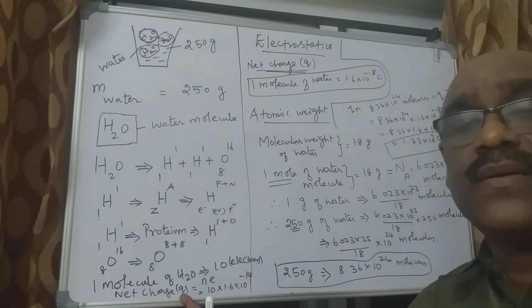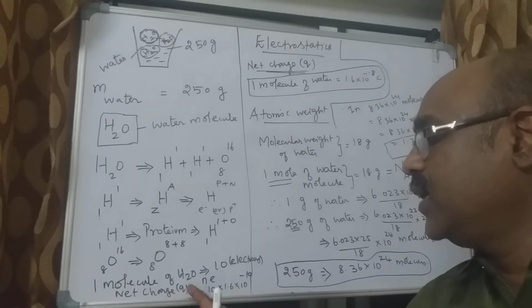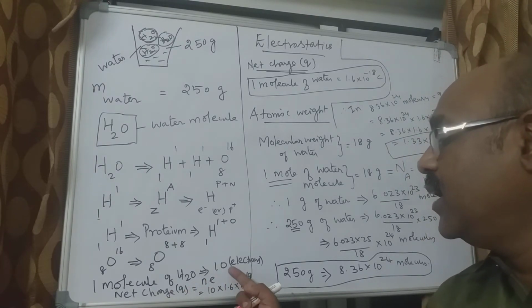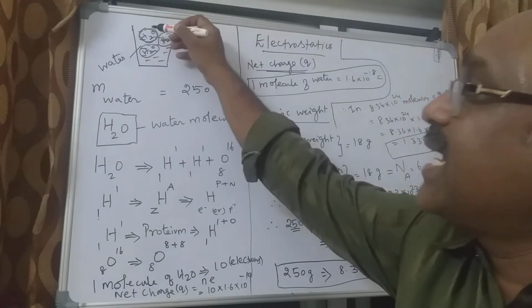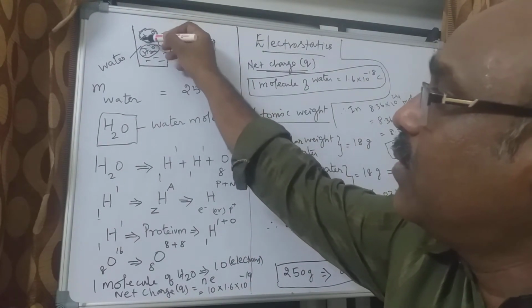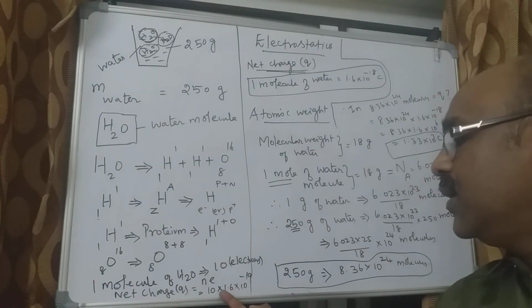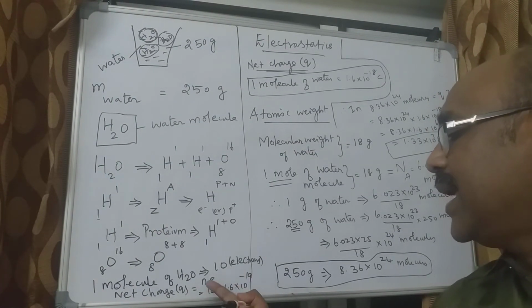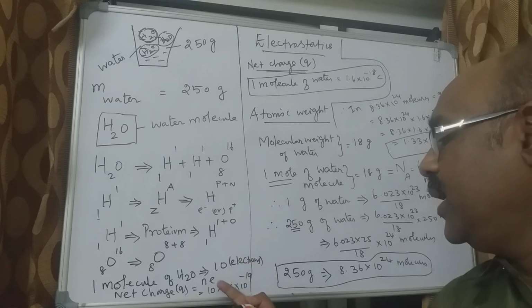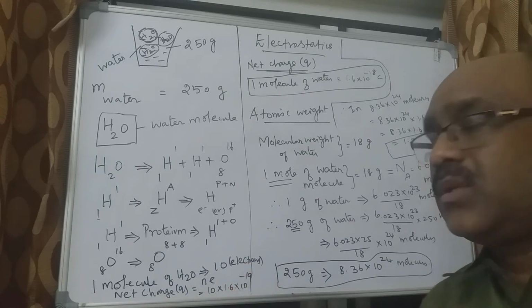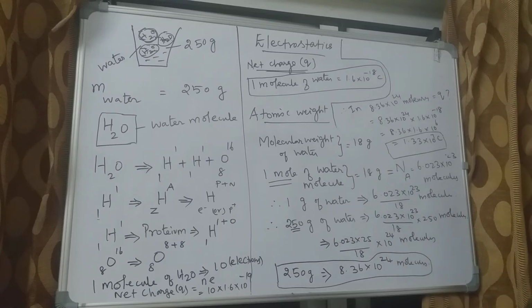Using the quantization formula, Q is equal to N into E, we are finding the net charge that is present in this water molecule. The net charge in this single water molecule is 10, the number of electrons N, into E, which is the charge of the electron. So, 10 into 1.6 into 10 power minus 19 coulomb is the net charge.